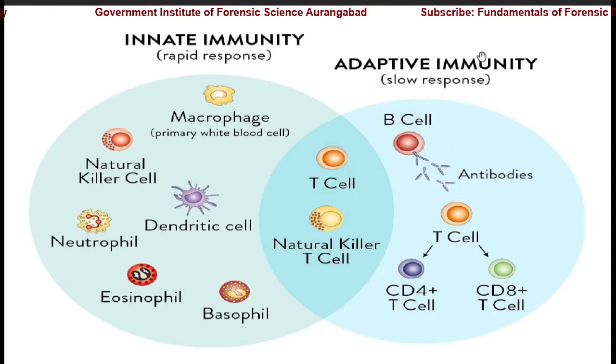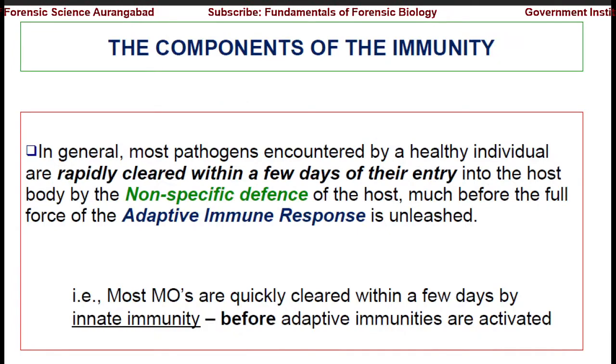In adaptive immunity, the response is slow because the cell has to produce antibodies. B cells produce the antibodies. These antibodies may even activate the helper T cells, CD4 and CD8, which may provoke the other immune system, or lead to the degradation of particular cells.